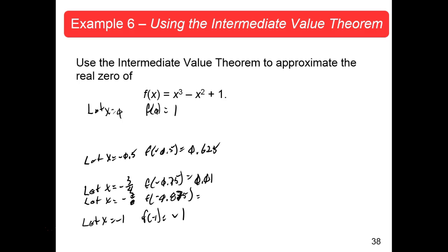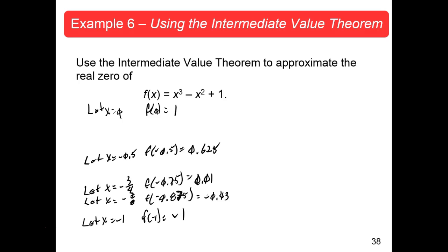What you got? Oh, we finally got a negative. Negative 0.43. Okay. All right. So negative 0.75 is positive. Negative 0.875 is negative. So it's got to be something between the two. And since this is so close to 0, I would guess something closer here than there.